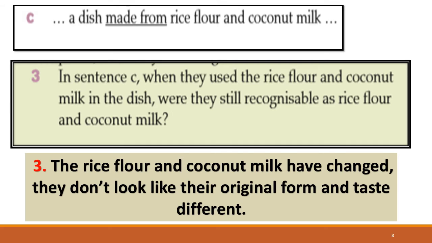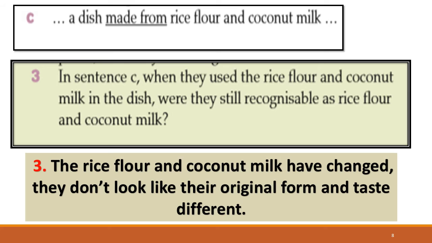So now I have 3 examples: made with, made of, made from. Made with, girls, if I'm talking about different ingredients, made of olives, salt, black pepper, something like that. So I say made with.